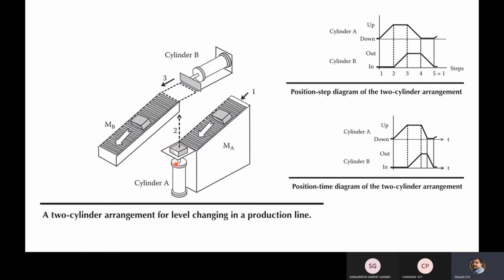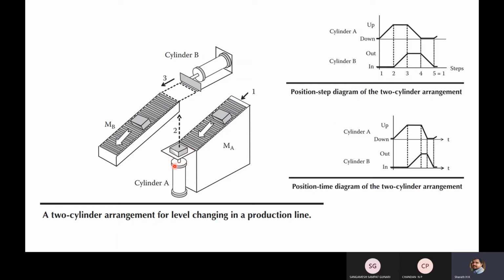Now after performing a few operations, you need to take parts from conveyor 1 and place them on conveyor 2. The name of the first is MA and the name of the second conveyor is MB. You have to take semi-finished parts from conveyor MA to MB. You have to lift them upwards.